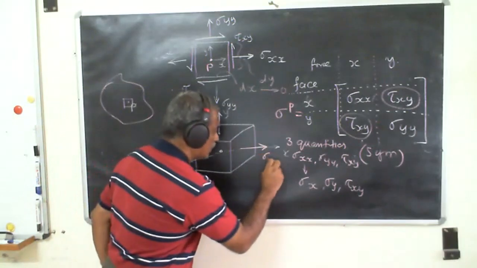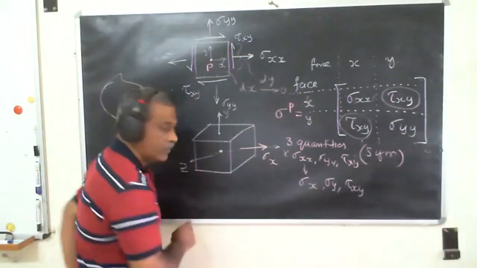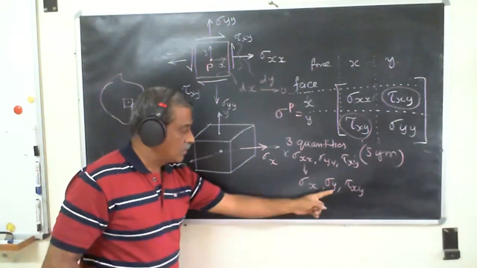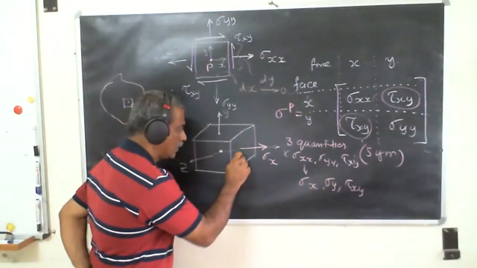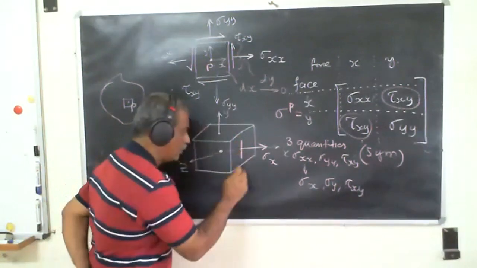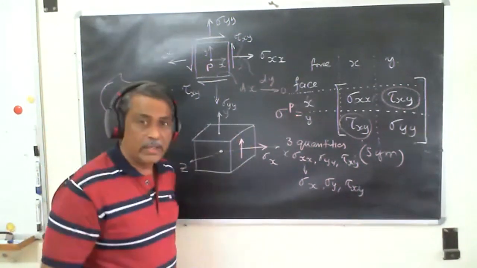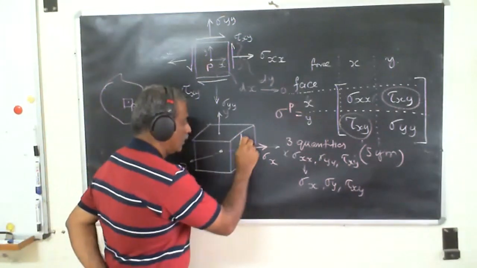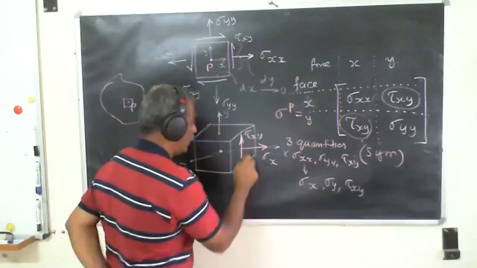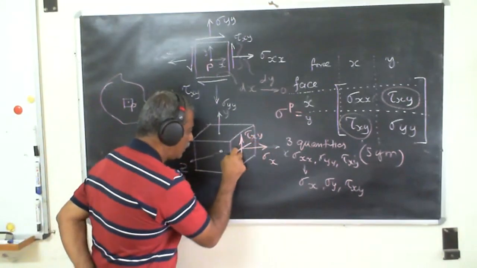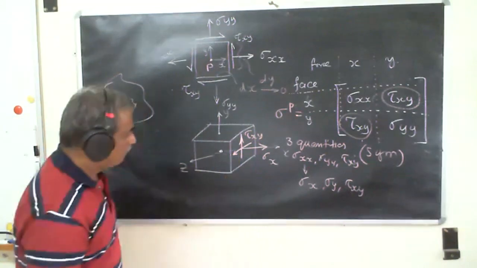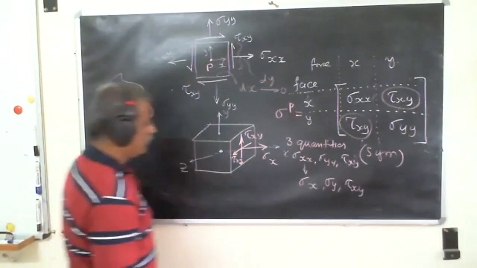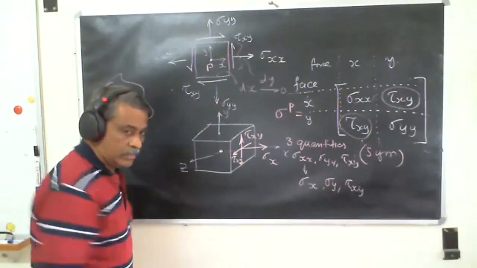On the X face, I can write sigma X, the only normal stress. And what is this? Sigma Y, normal stress. The other component would be in the Y direction. Tau xy. And we'll have the third one available now, which would be tau xz. Okay.